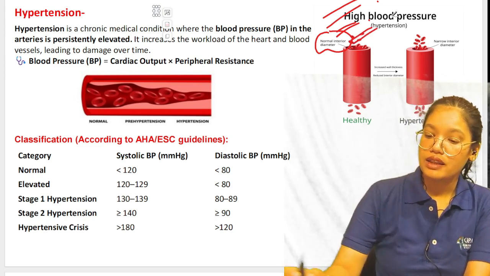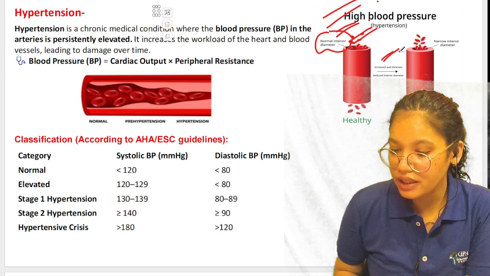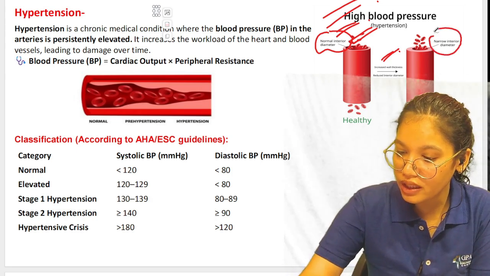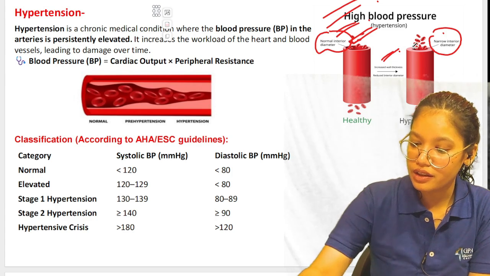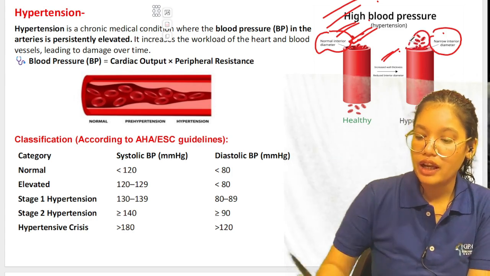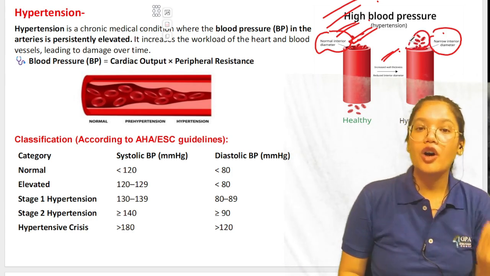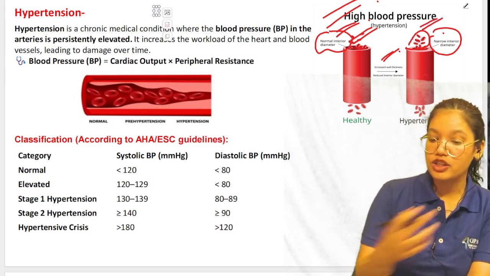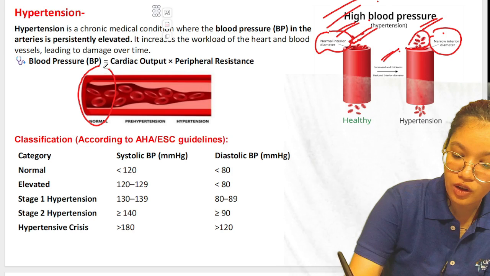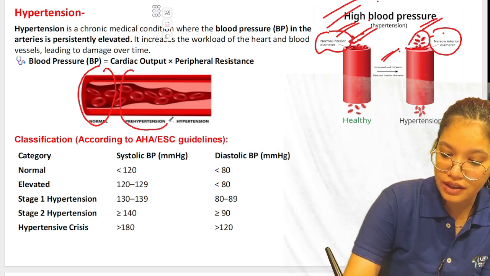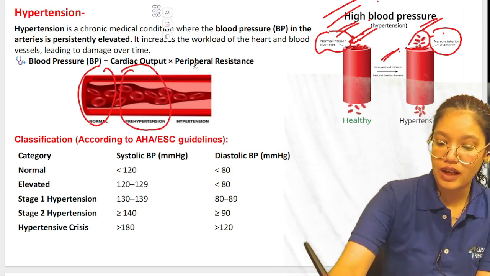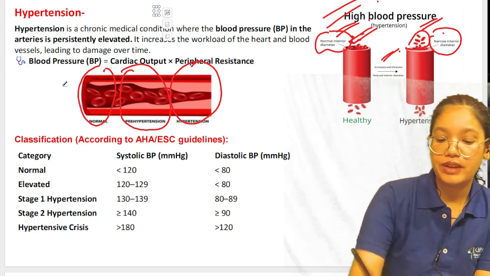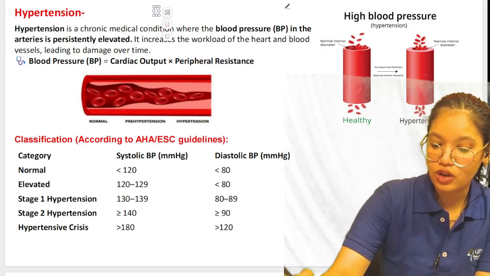When the artery wall's thickness increases and there is narrowing of the interior diameter, so the interior diameter gets narrower compared to the normal artery, that condition is known as the hypertensive condition. This is the normal condition, this here is the pre-hypertensive condition, and this here is the hypertensive condition. So this diagram shows the condition of hypertension.